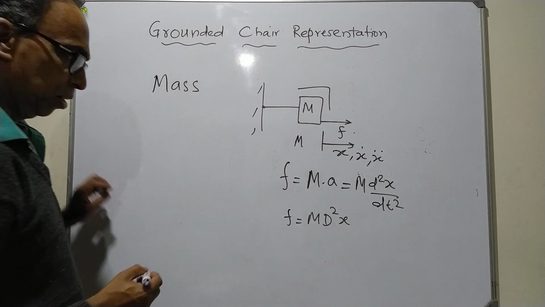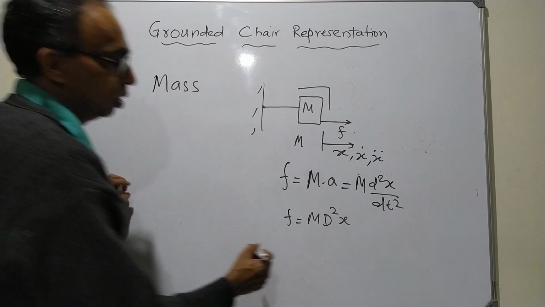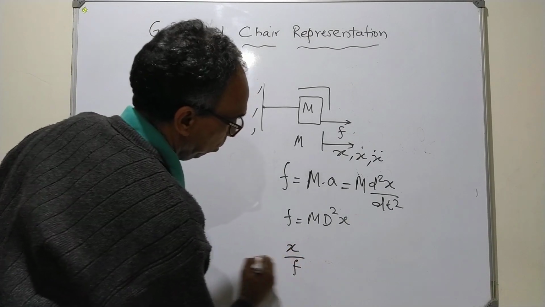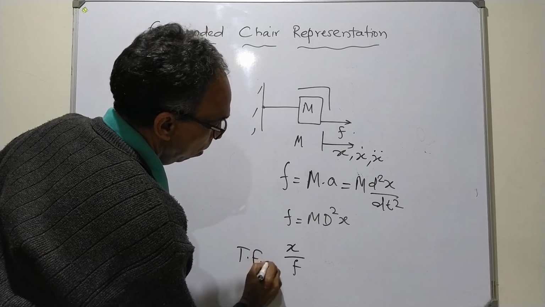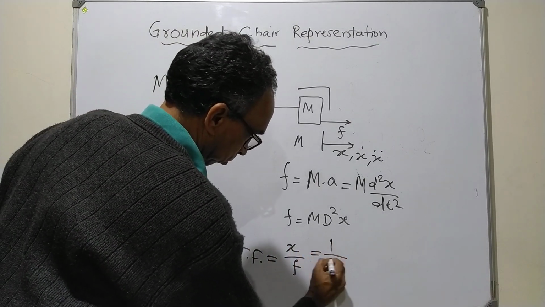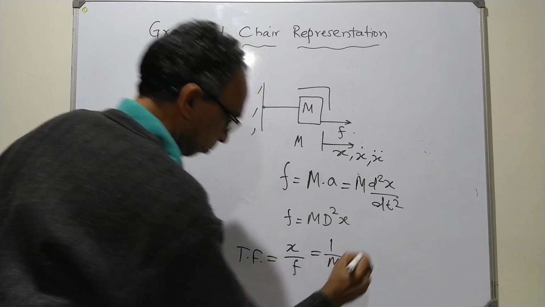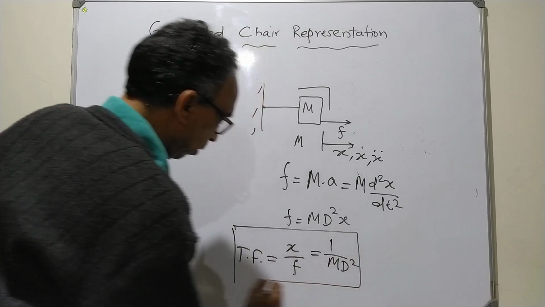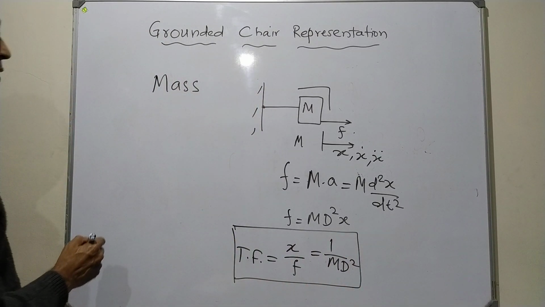That is acceleration. And what is the transfer function? X upon F was 1 upon mD squared. This is how we did the transfer function.